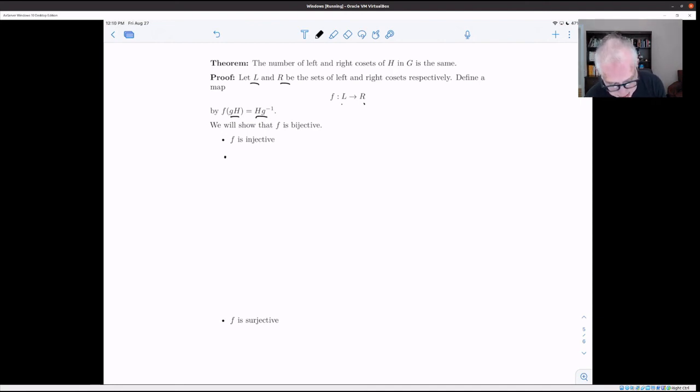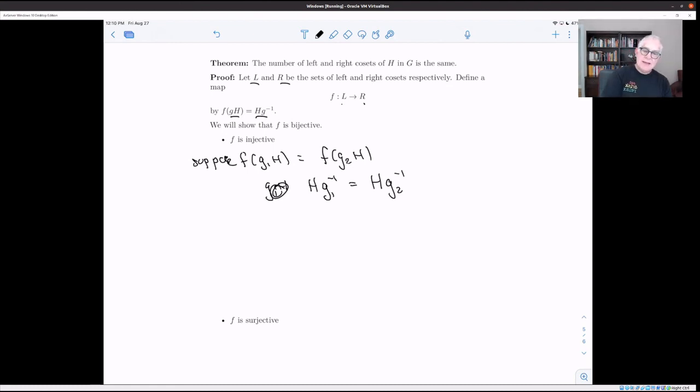So to show injectivity, we suppose that f of g1H equals f of g2H. Well, that means that Hg1 inverse equals Hg2 inverse.